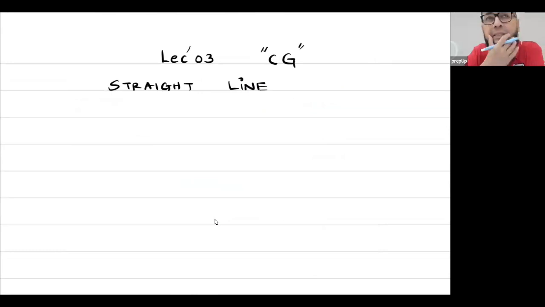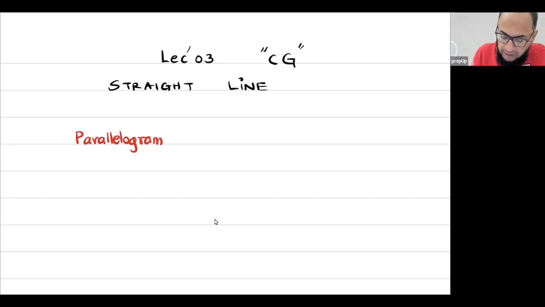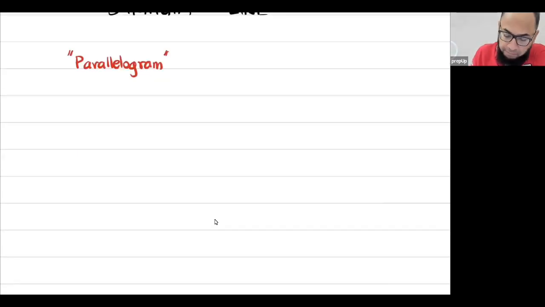Let's focus on something that we have not studied so far. Let's talk about a parallelogram. Now, as the name suggests, what is a parallelogram? First of all, how does it look? So let me draw two lines, over here, in blue.